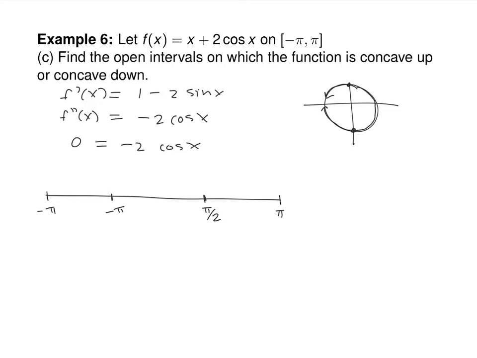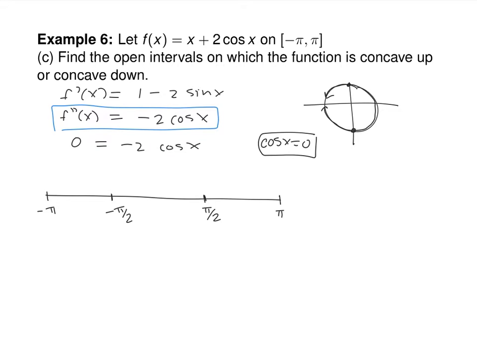Negative pi halves, exactly. You can divide the -2 away and say you're just looking for where cosine equals 0, right? But the reason I'm being a bit careful is that when I plug my test numbers into the second derivative, that -2 is going to affect the sign of what's happening at those points.